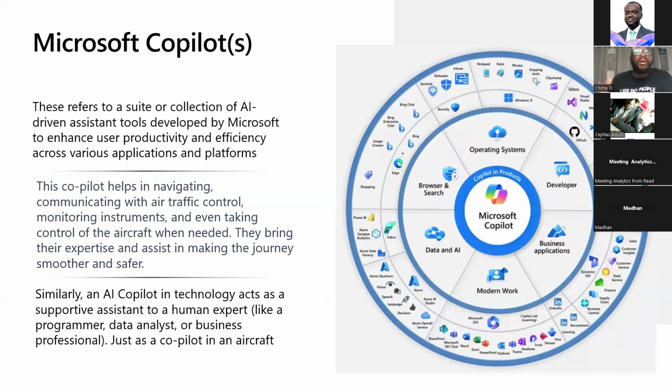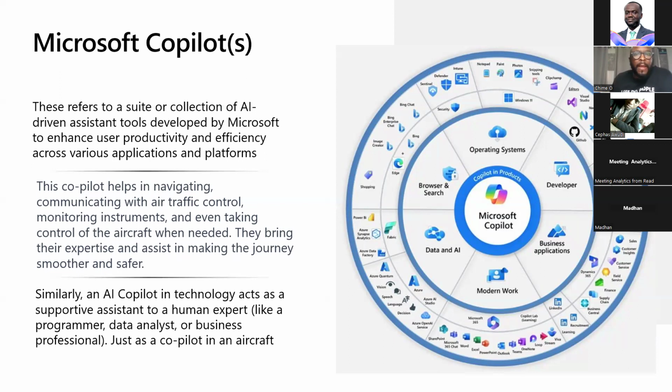Within our operating systems, it can even be things like security, or our developer tools like GitHub, and there's AI assistance that enhances users' productivity and efficiency across all these applications and platforms.